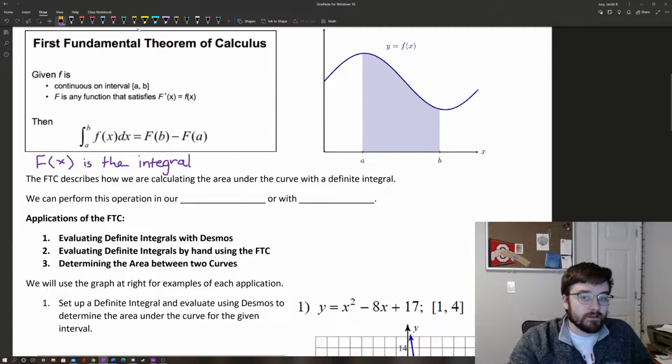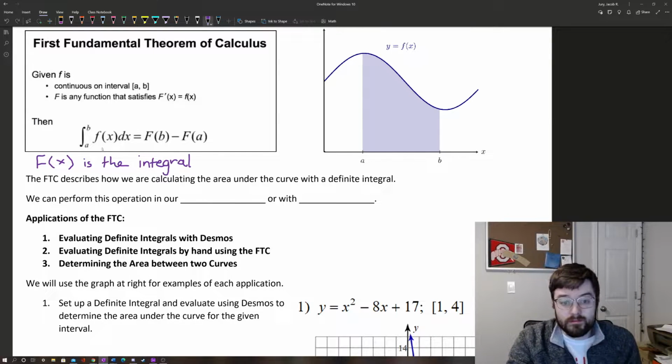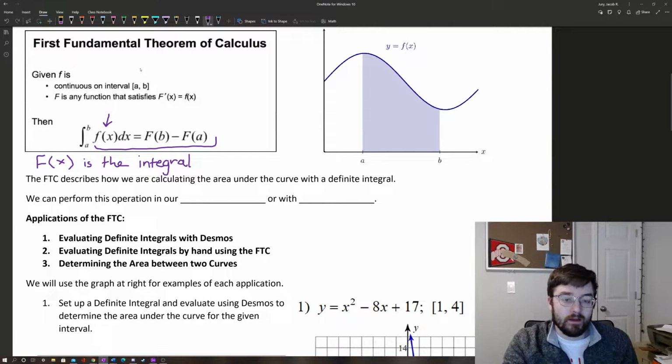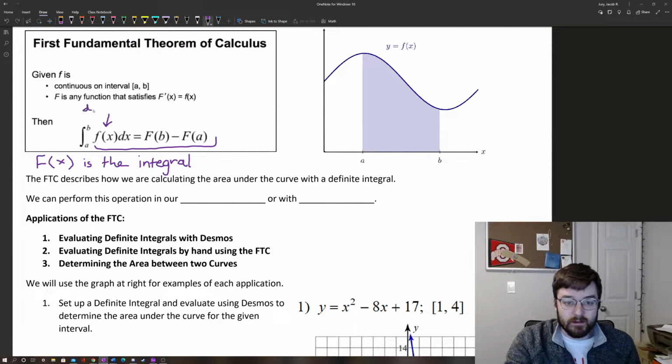And if those things are true, then we can find a definite integral with this operation. We know this integral sign from a to b, summing the y values multiplied by the change in x values, that's the definite integral.